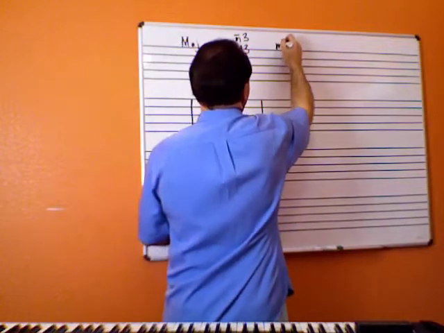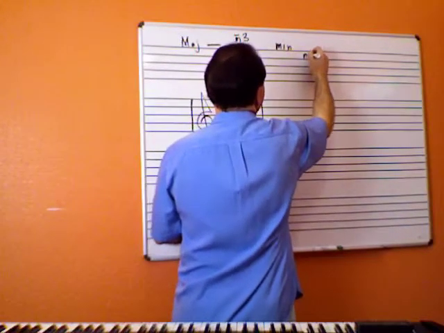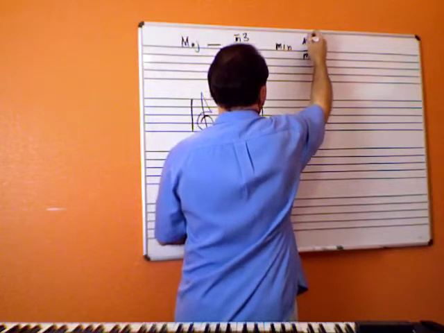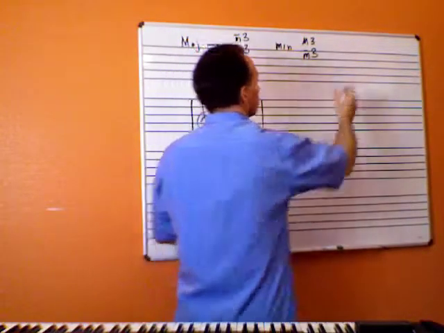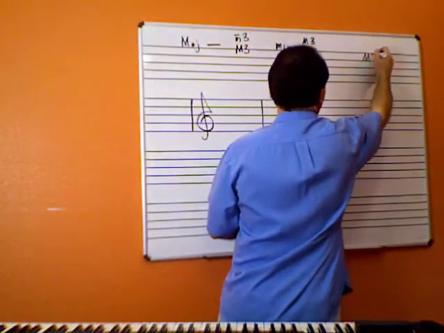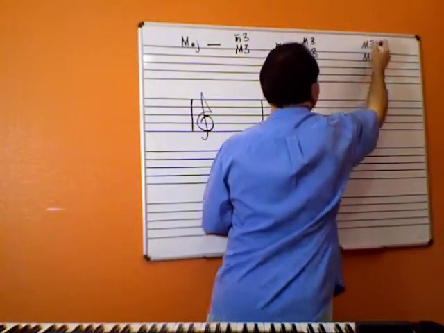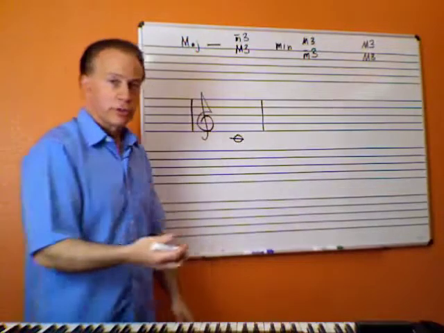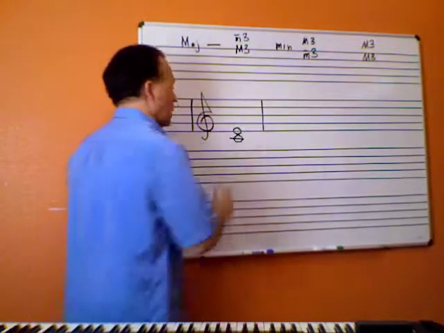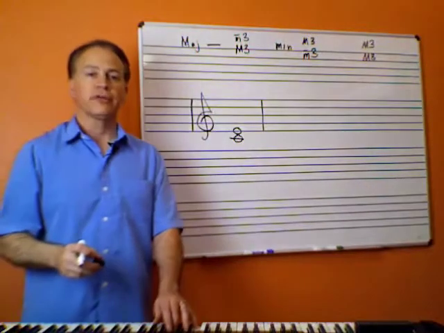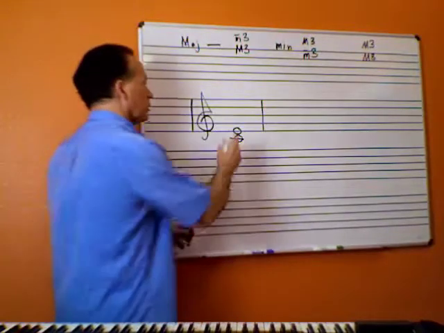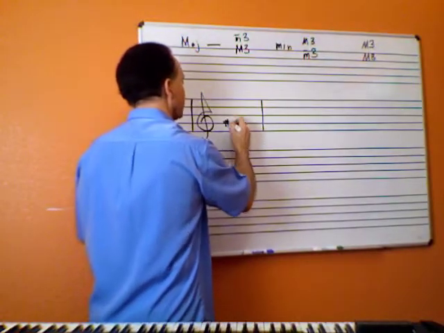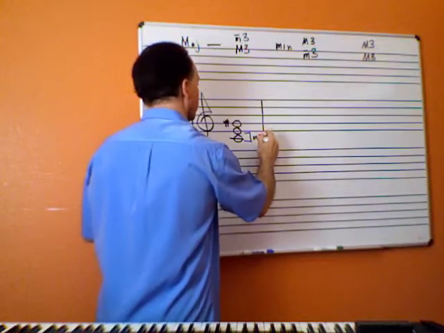The minor triad that we just built has a minor third on the bottom and a major third on top. Now let's build one that has a major third on the bottom and a major third on top. So that would be from C up a major third would be an E, and a major third above E would be a G sharp. Two stacked major thirds.